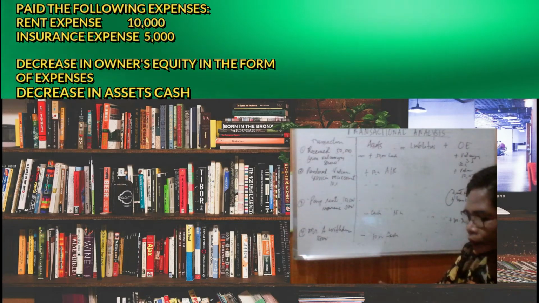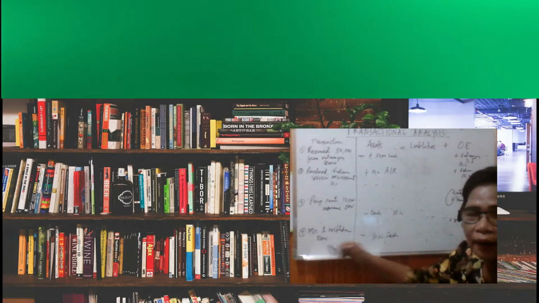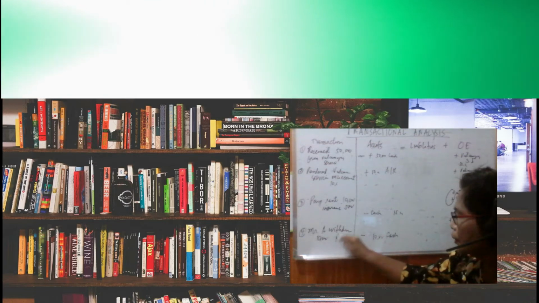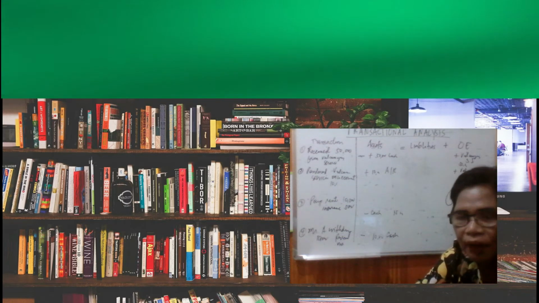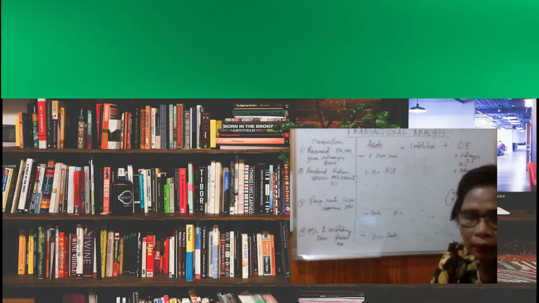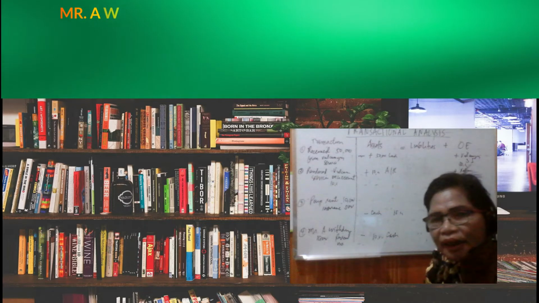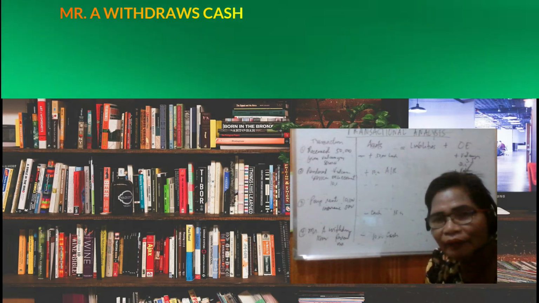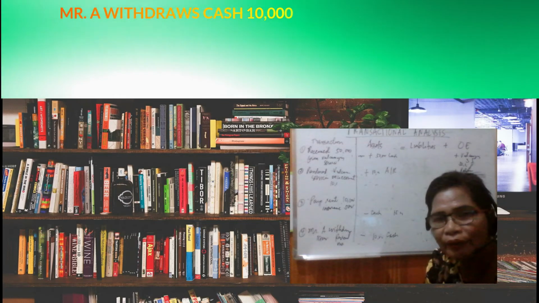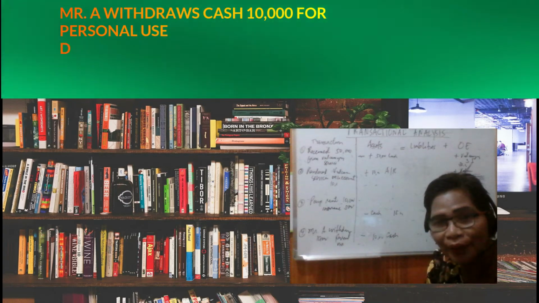So next, Mr. A withdraws 10,000 for personal use. That is what I'm telling my students all the time. If you are doing business, your business transactions are different from your personal transactions. So even if it is your money that you have invested in the business, you have to record it. Okay? So there's a proper recording of your withdrawals.